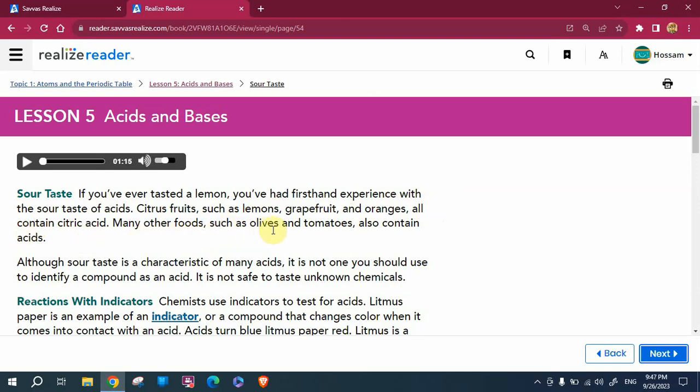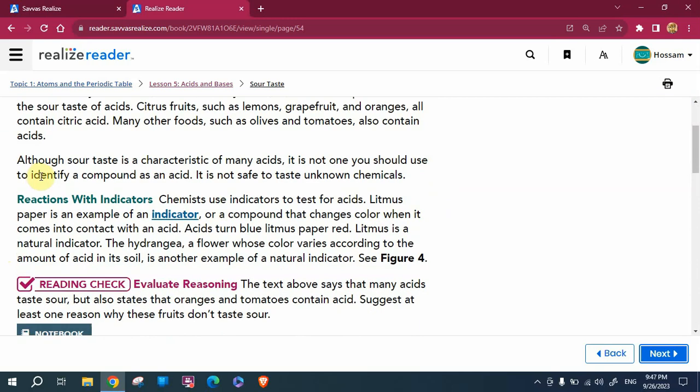Many other foods such as olives and tomatoes also contain acids. Although sour taste is characteristic of many acids, it is not one you should use to identify a compound as an acid. Why? Because it is dangerous to use taste to identify chemicals.